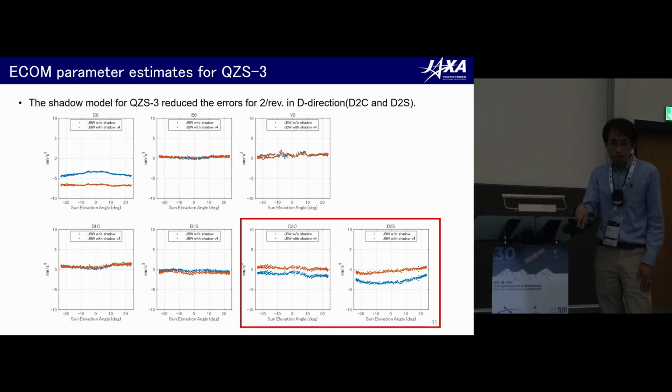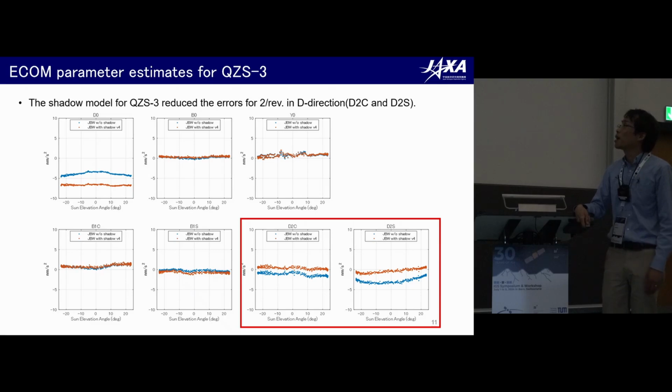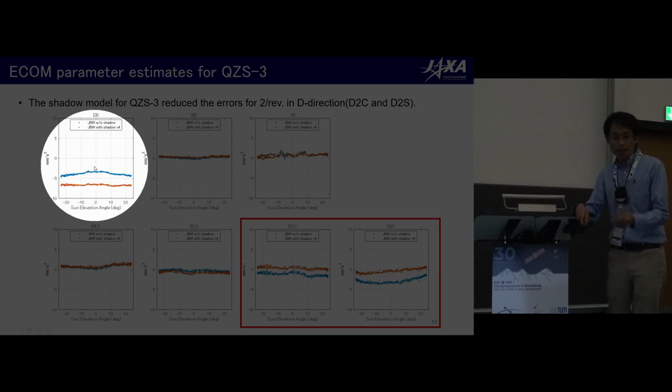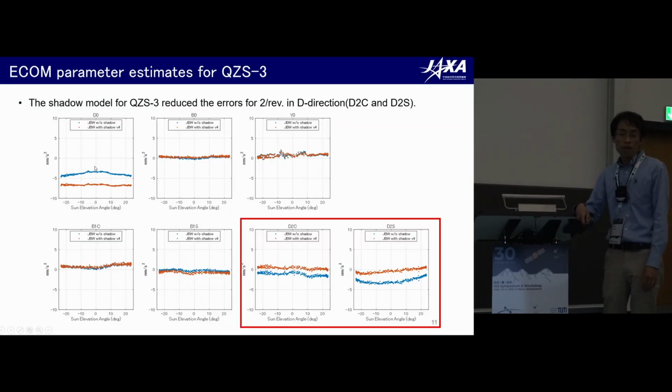According to the graph, the ECOM parameter becomes close to 0, which indicates our model is efficient to model the shadowing effect.